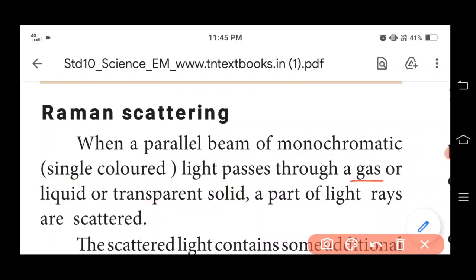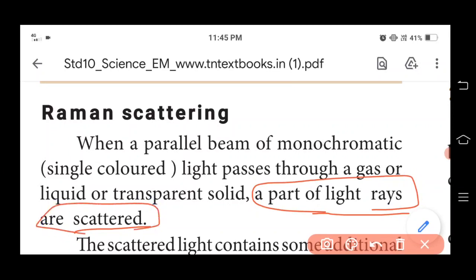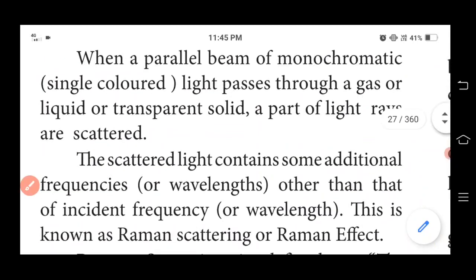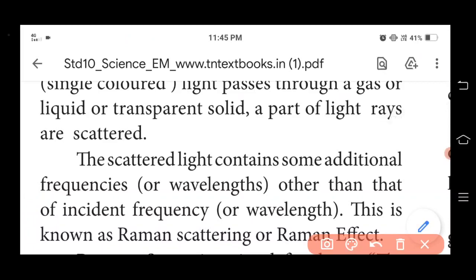A part of the light rays is scattered. That is important: only a part of the light rays is scattered. And the scattered light contains some additional frequency.